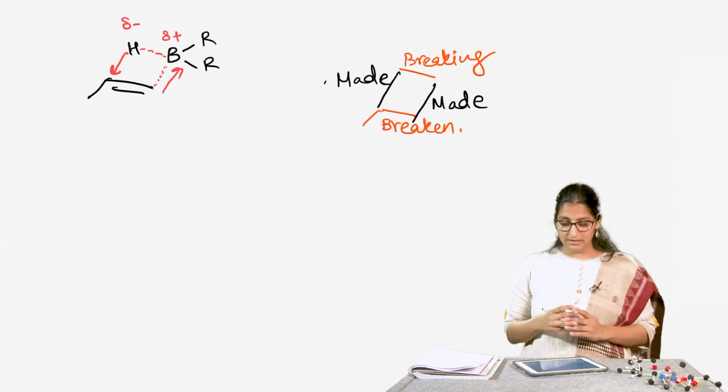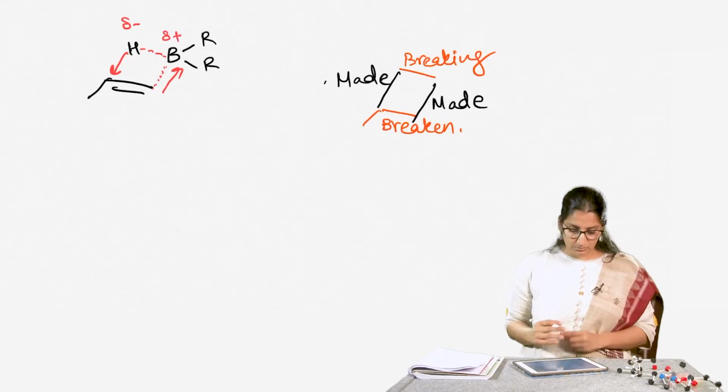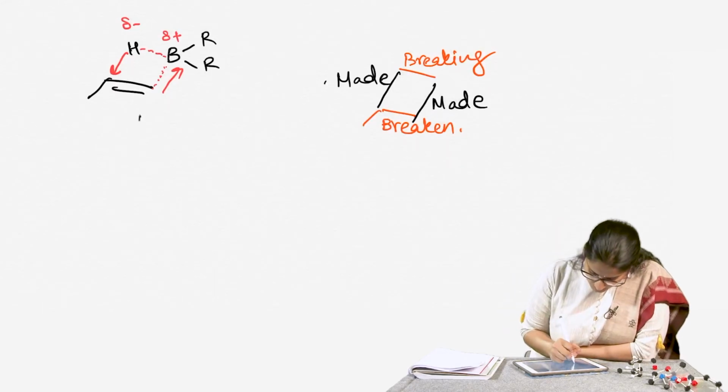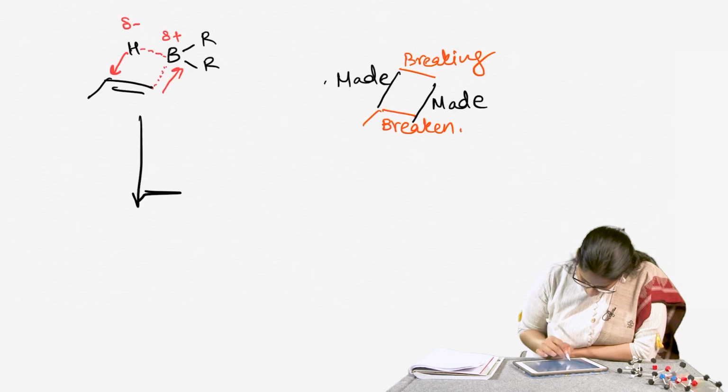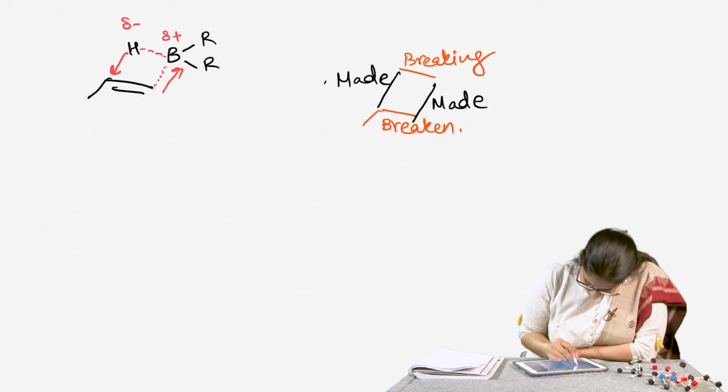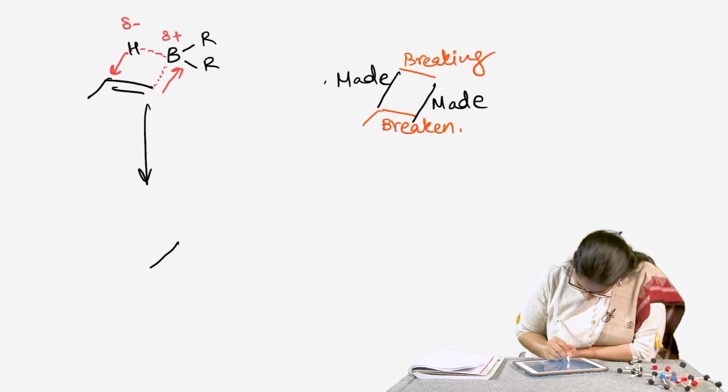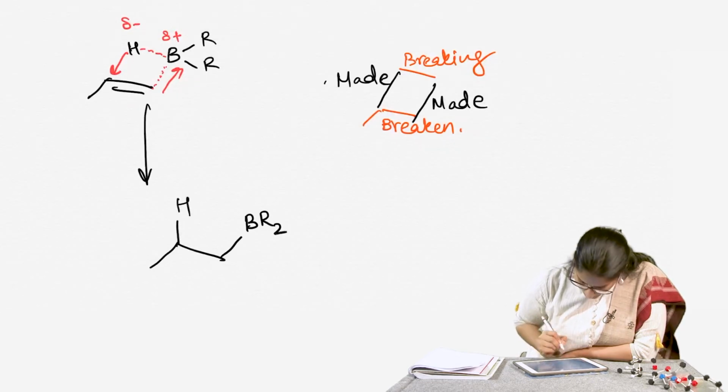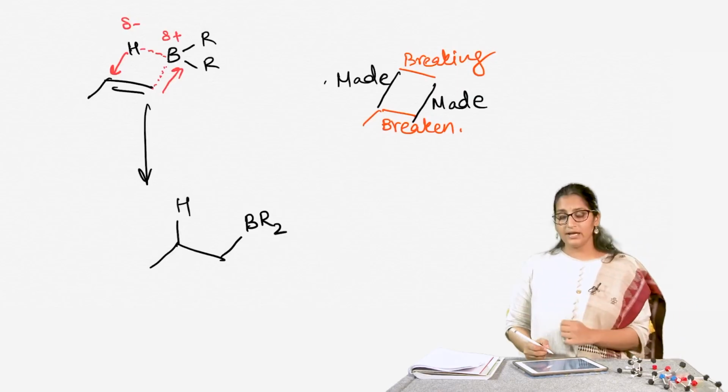So, as the alkene reacts with this dialkyl borane, we end up forming the following product. And R group is any alkyl group.